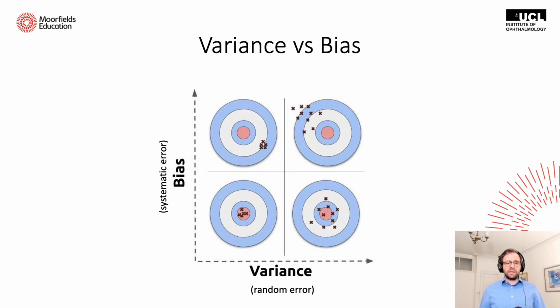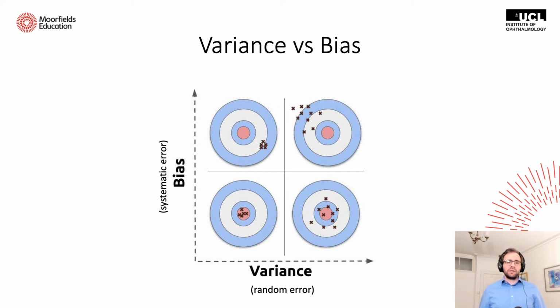So you'd have a systematic error, but a very small random error, so your points are very clustered. Top right is obviously the worst case scenario, where you have a high bias and high variance, a lot of spread, and you're consistently missing the mark.